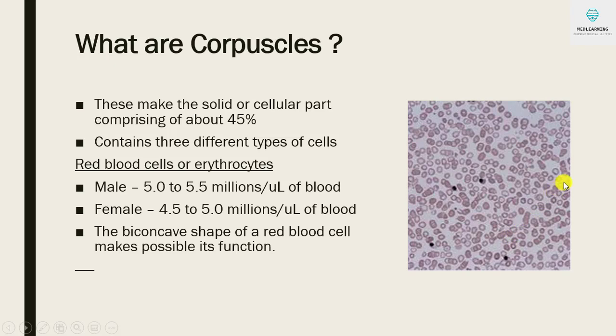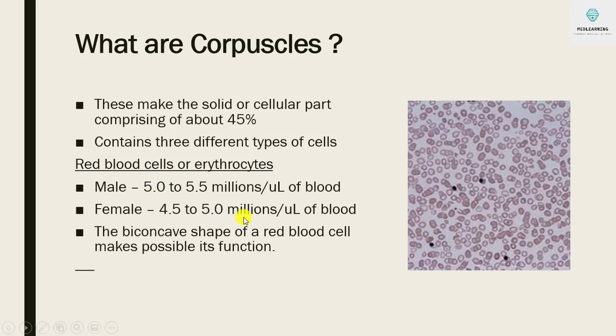So if I move to the next portion, I want to talk about the red blood cells and their composition. When it comes to gender, in males we have around 5.0 to 5.5 million cells per microliter of blood, and in females around 4.5 to 5 million.